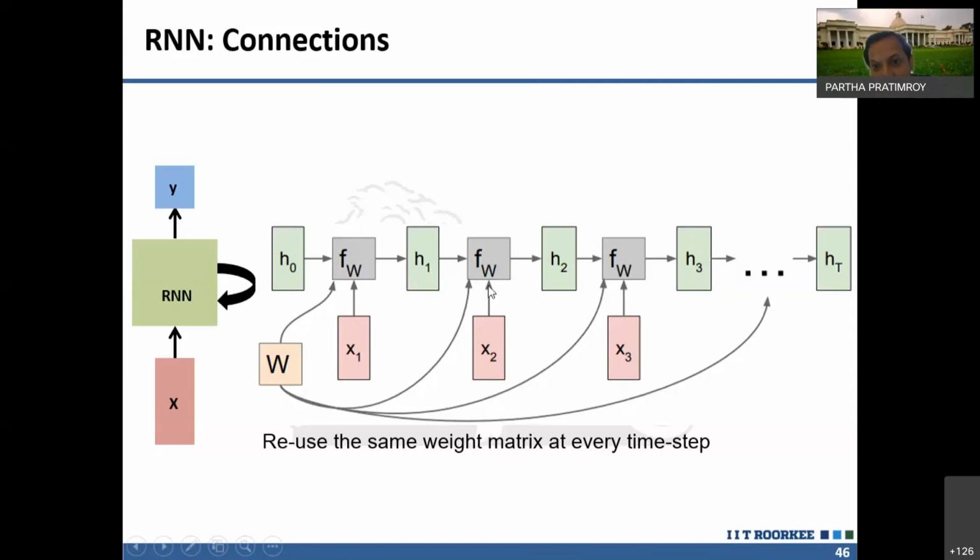But within a pass these are the same set of weight values. For example, if you have 3 inputs and 2 outputs, so 2 plus 3, you have a total of 5 Ws. Here also you will have 5 Ws, and here also 5 Ws. These 5 Ws will remain the same throughout this sequence.